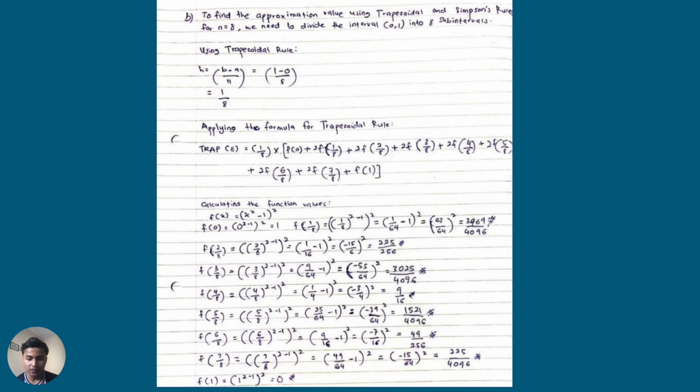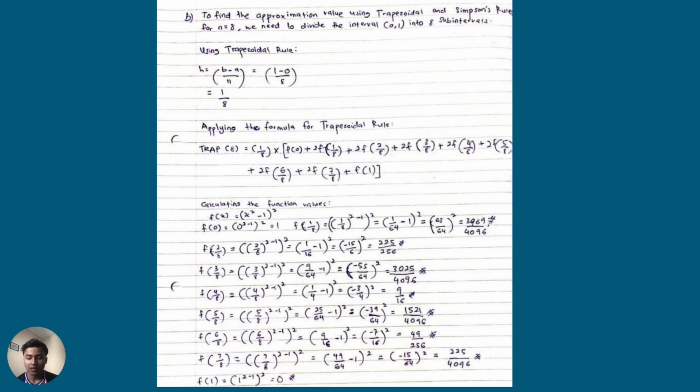And after that, applying the formula for the trapezoidal rule, we get T(8) equal (1/8) times [f(0) + 2f(1/8) + 2f(2/8) + 2f(3/8) + 2f(4/8), and do the same until 7, and after that plus f(1)].